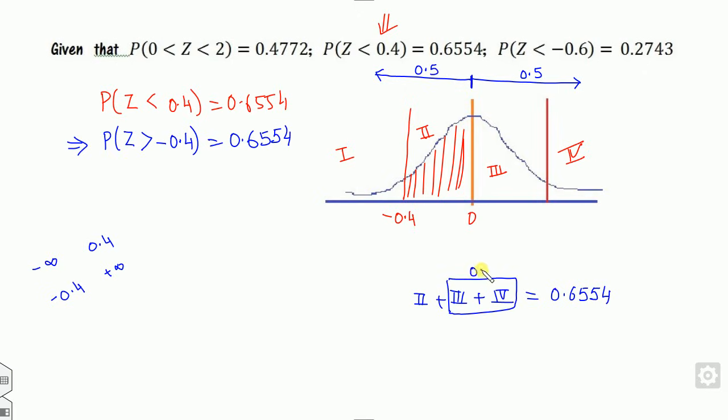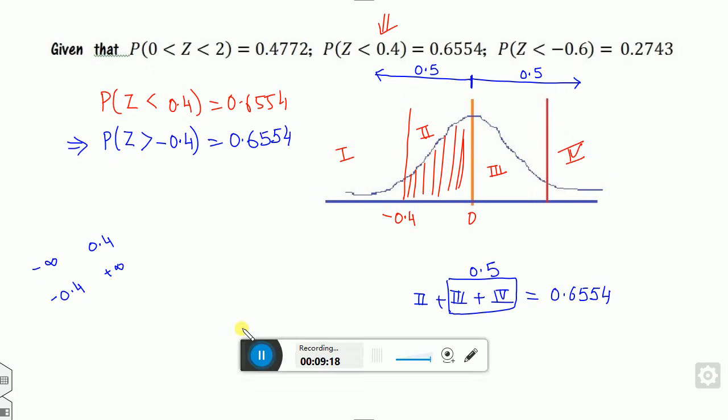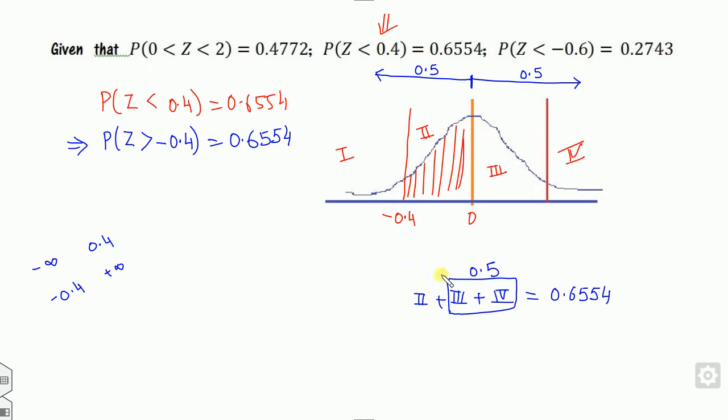1 plus 3 is given to be a 0.5. So if it is 0.5, then you can easily find the area of 2 as, if you subtract this as a 0.5, then the answer is here. So once you will get this answer, you can easily find the 1 also. It is 0.5 minus of this. Okay. If I call as this as, say for example 0.4, what is the length of this is?